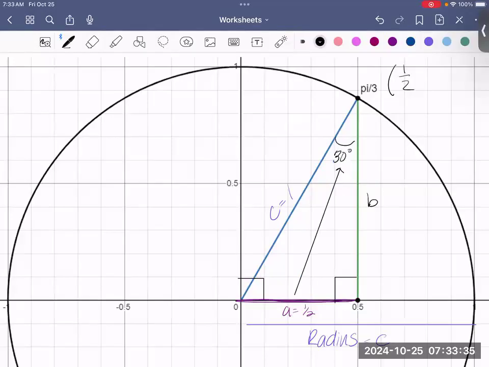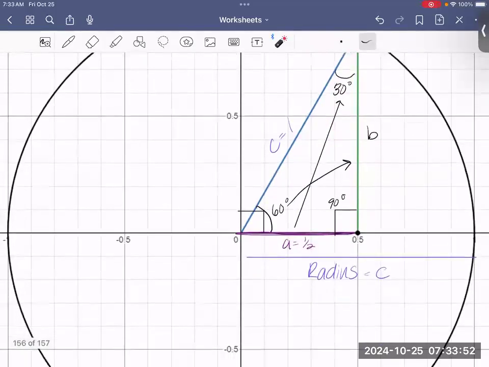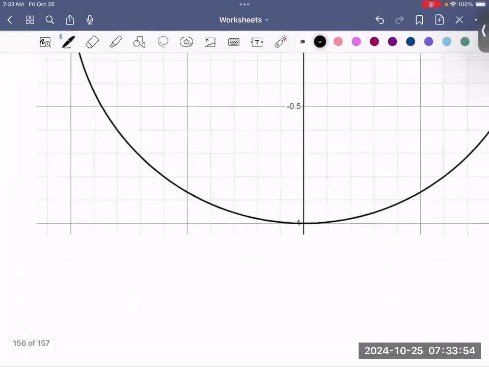So a 30-degree angle, this being 90, and if all triangles add up to 180, we are just missing this 60 degrees. So across from this 60 degree will be this B measure. So let's take the Pythagorean theorem once more: a squared plus b squared is equal to c squared.